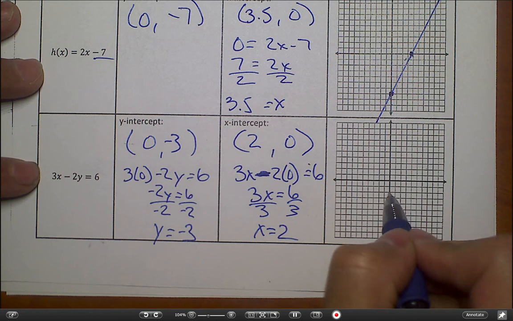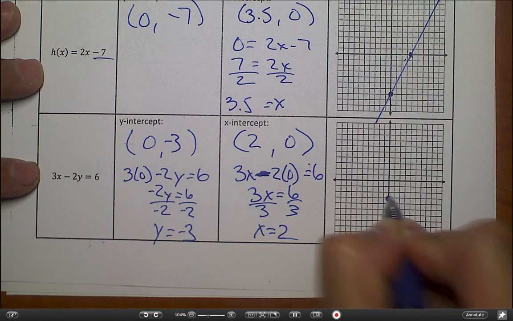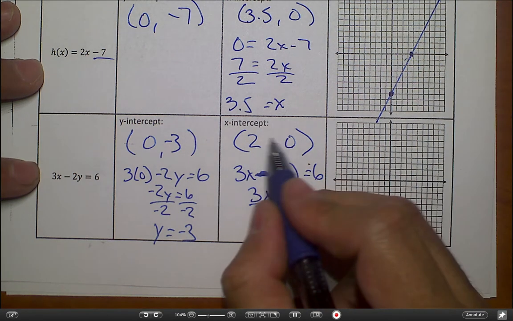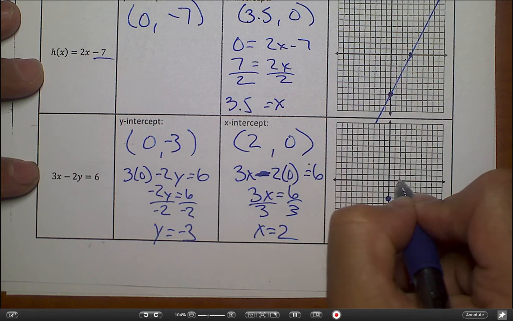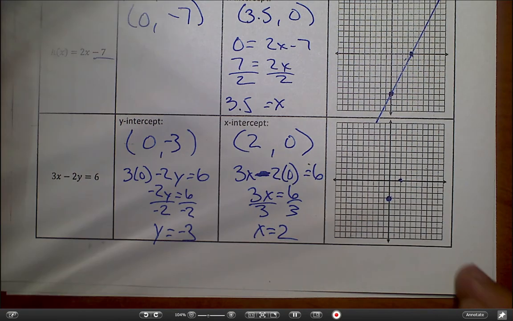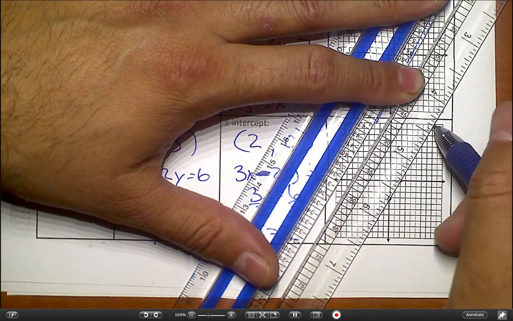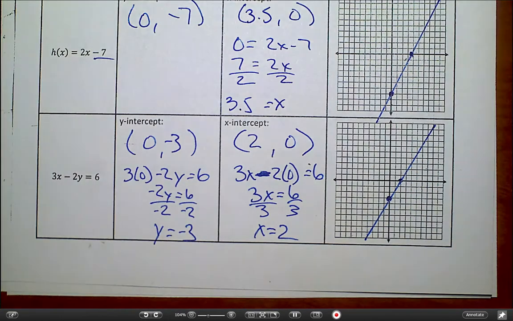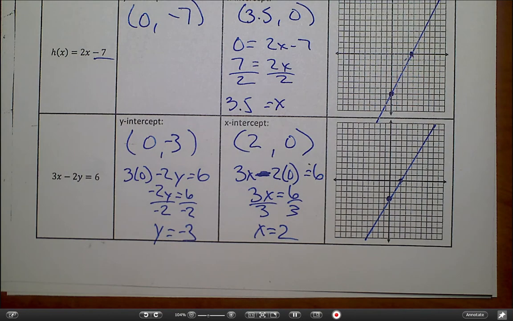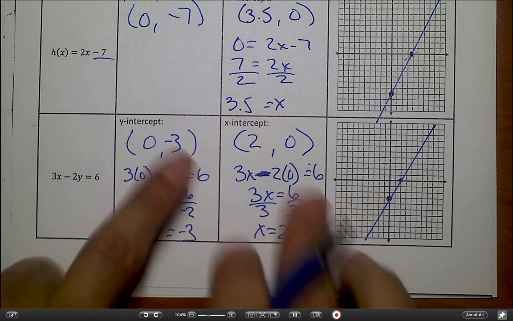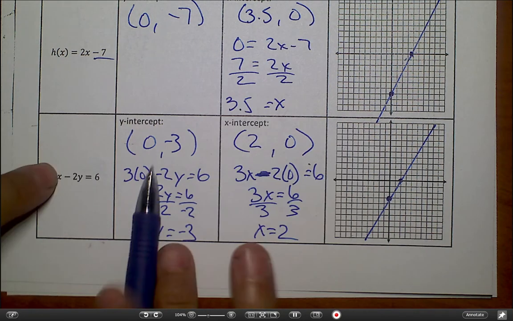So 0, negative 3. And 2, comma 0. Right there. There we go. Does that make sense now? It's the same thing as what we have been doing, but we're just plugging in and solving.